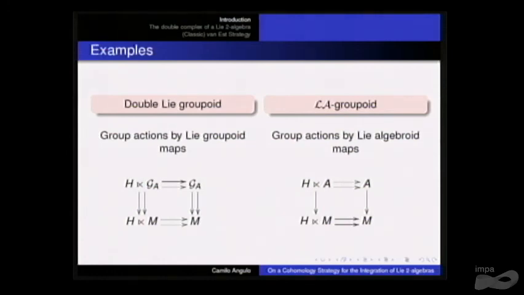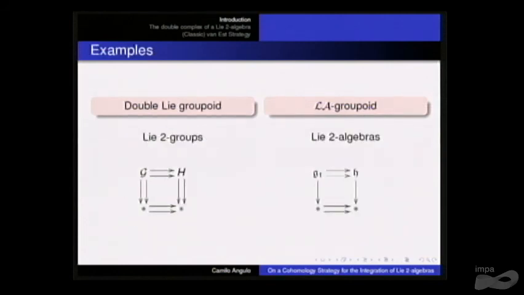But for the rest of the talk, I'll be focusing on this rather trivial example, which is LA groupoids and double Lie groupoids over a point. These objects are known in the literature as Lie 2 groups and Lie 2 algebras.